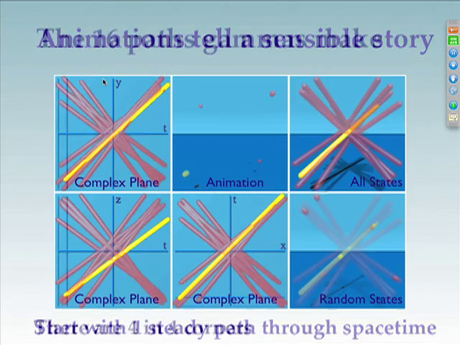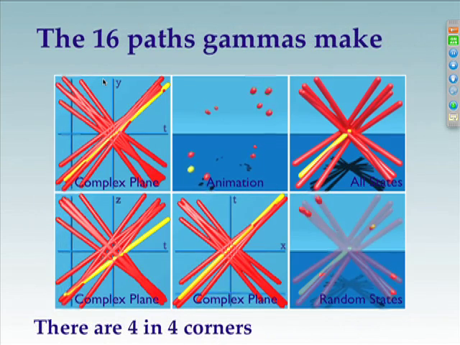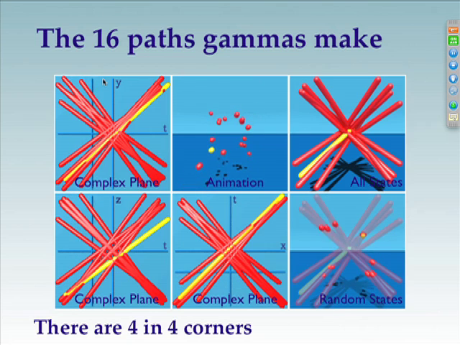Now we're going to try and understand what gamma matrices are. So what did I do to make this? All I did was I multiplied by all 16 possibilities. I took that inertial observer that was traveling the straight line, and I said, let's say I've got 1,000 such points.